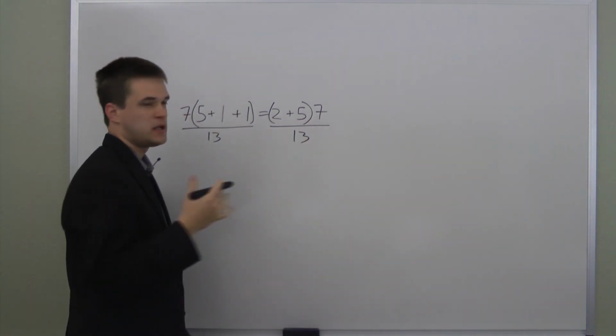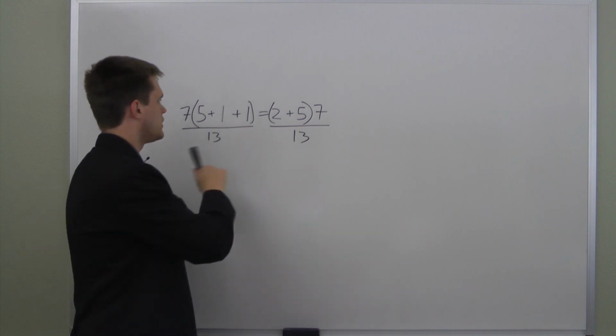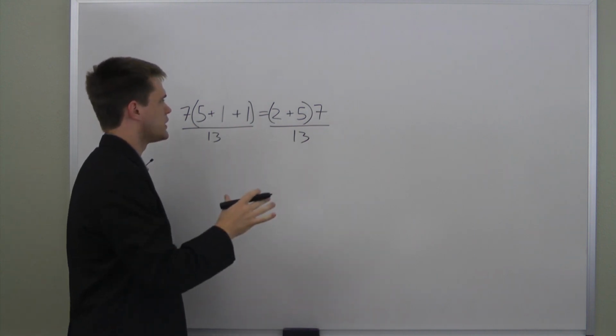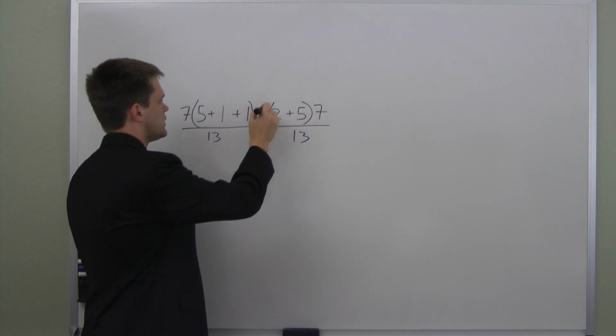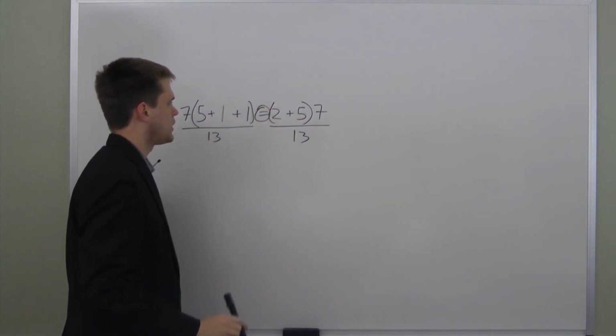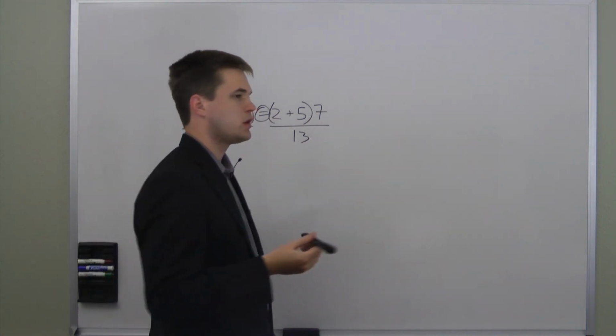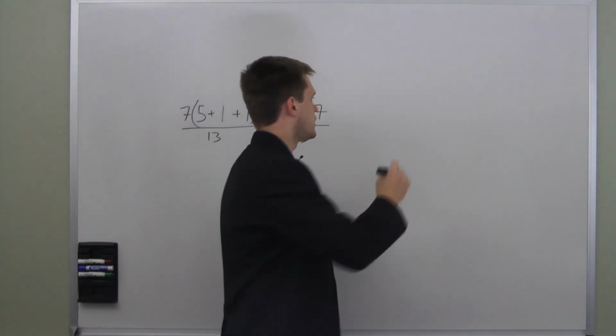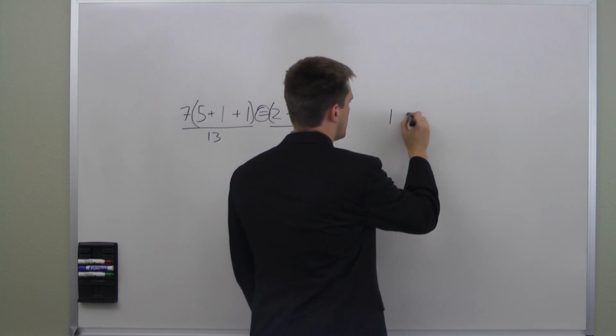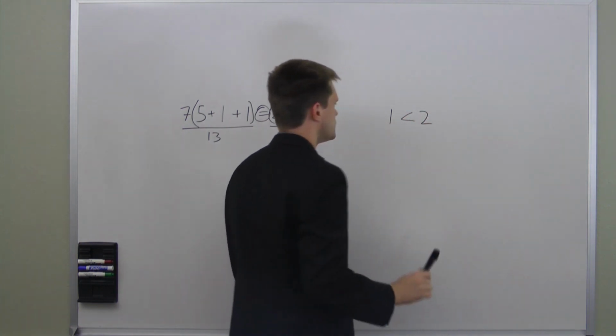And so anything you perform on both sides of the equation equally does not invalidate the equation. Similar to equations, we have what's called an inequality.